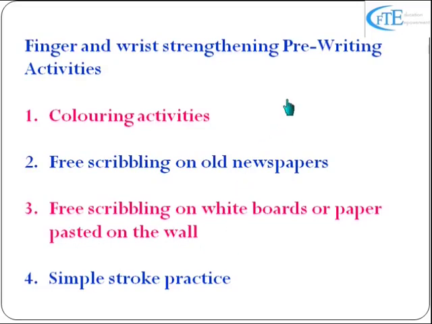Now it is important to give the child finger and wrist strengthening pre-writing activities. Coloring activities, free scribbling on old newspapers, free scribbling on whiteboards or paper pasted on the wall, and simple stroke practice.